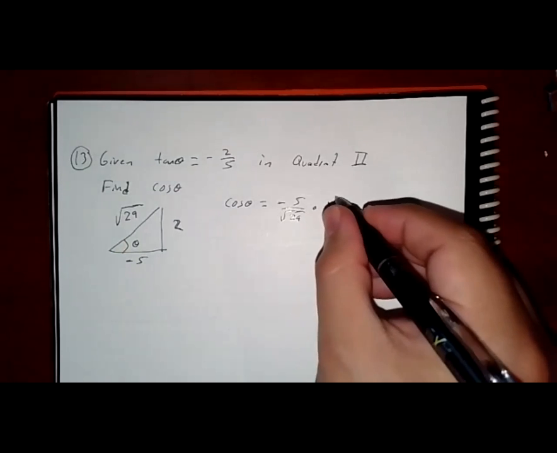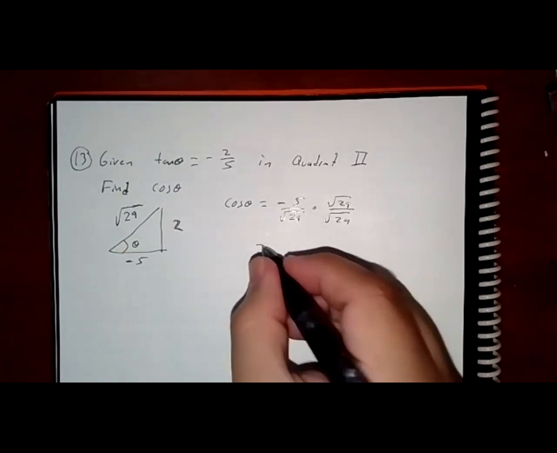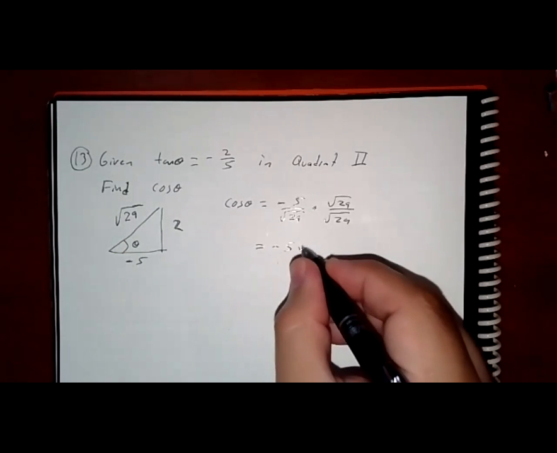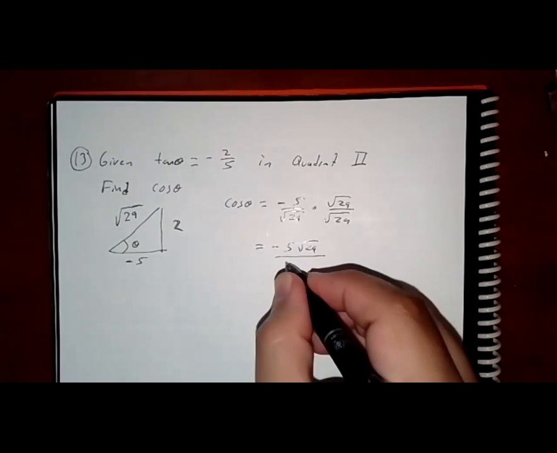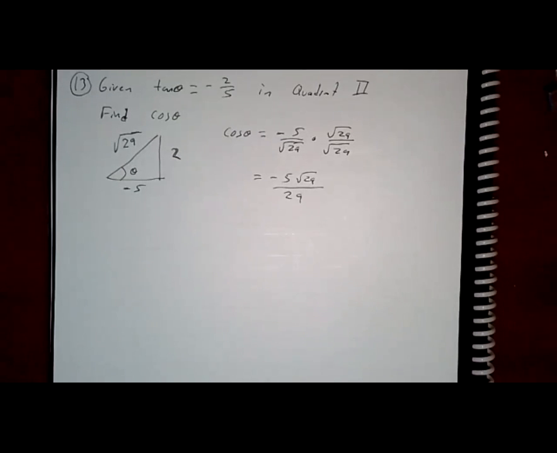We have to rationalize. That'd be -√29 over 29. Looks like D. That's our answer.